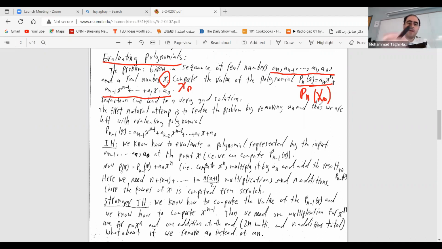I think one would be something like this. So let's, again, take a first view, then a second view, and a third view. It becomes smarter and smarter. So one is this one. Okay, we can use induction.